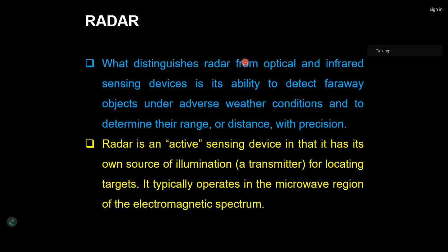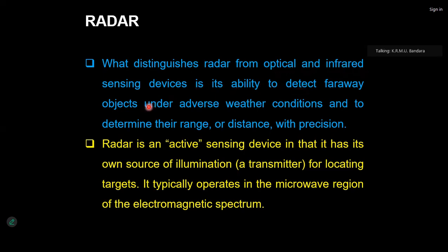And what distinguishes radar from optical and infrared? In normal remote sensing, we are using the optical part, visible light, plus infrared. The sensing devices are designed according to this range of wavelengths.